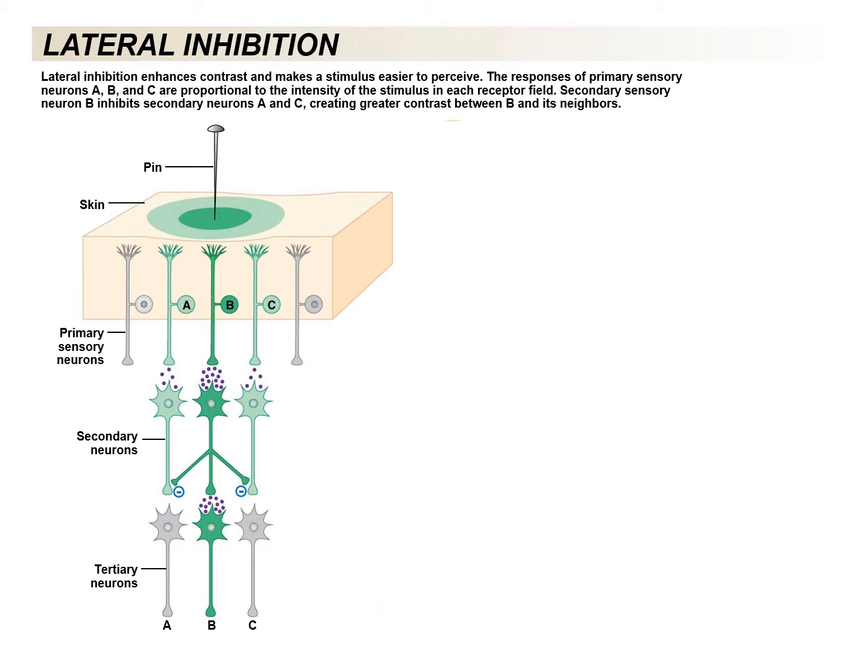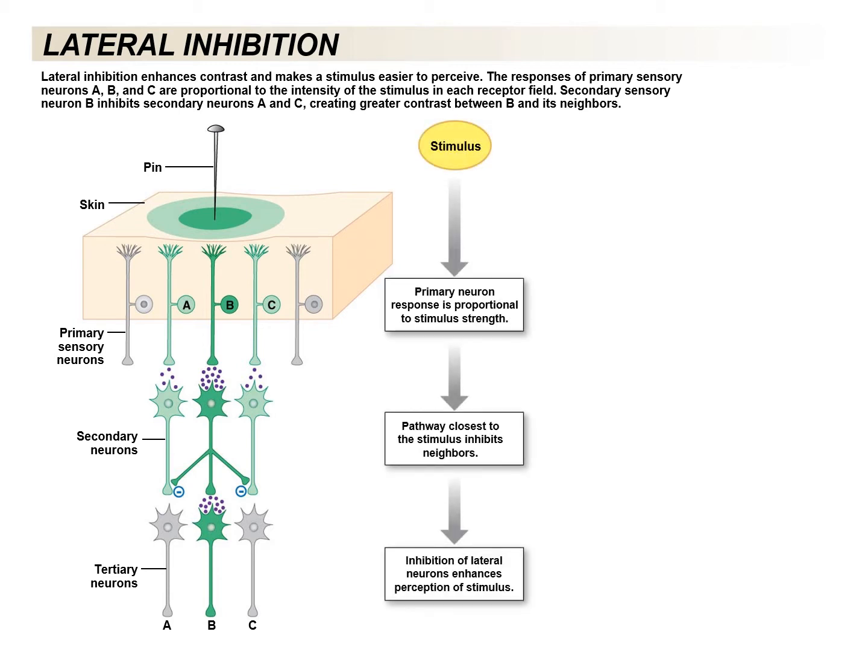And if we look at this in a graphical form, what we get is that the primary neuron is proportional to strength there, so we're getting a strong signal, but it will send inhibitory signals to its neighbors, leading to diminution of signal, either no signal at all or very, very weak signal. And so we get a primary focus down that B pathway.